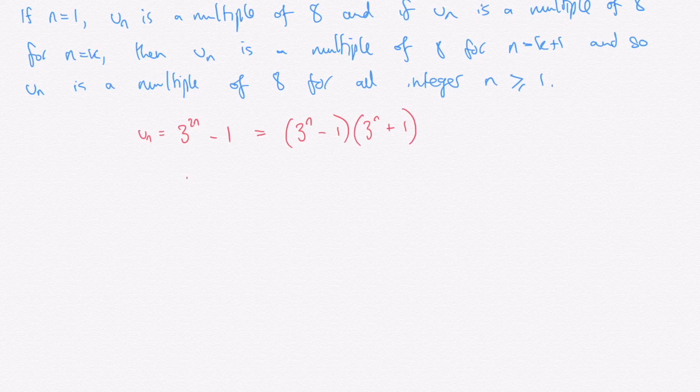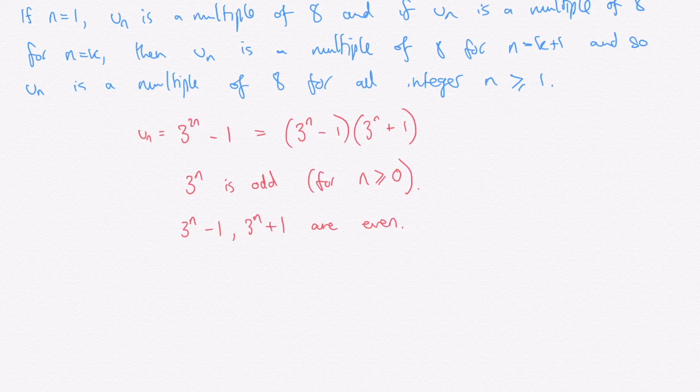And now notice that 3 to the power of n is always odd for n greater or equal to 0. And so if 3 to the n is odd, then 3 to the n minus 1 and 3 to the n plus 1 are even.